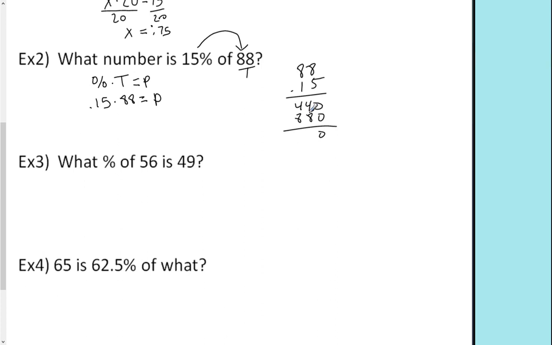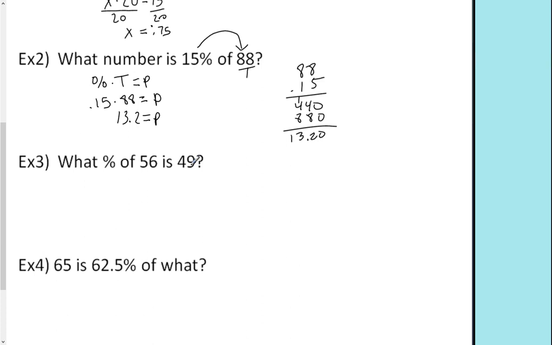Yeah, that's right. 8, 9, 10, that's a 12, carry 1, that's a 13. So 1320 with 2 decimal places. So 13.2 is the part, or the number. So if you take 15% of 88, guess what you get? 13.2. All right, let's try another one.